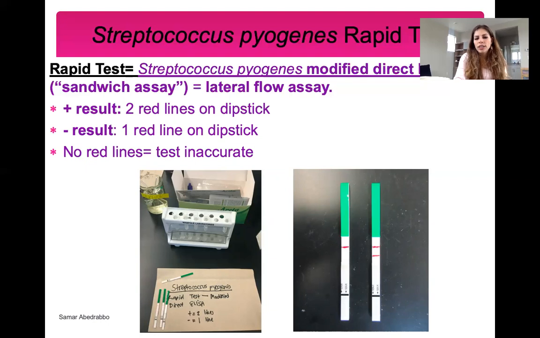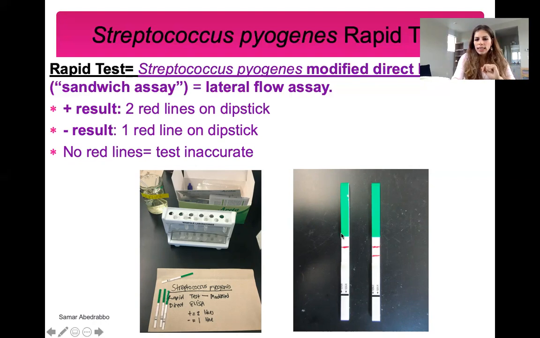Just to give some explanation, the way this test is done is you take a sample from someone. Let's use strep throat as an example, and you add a little bit of water or liquid in one of these tubes. It's just a little tube. Then you take the swab sample and mix it really well to get whatever organism or bacteria is in there.